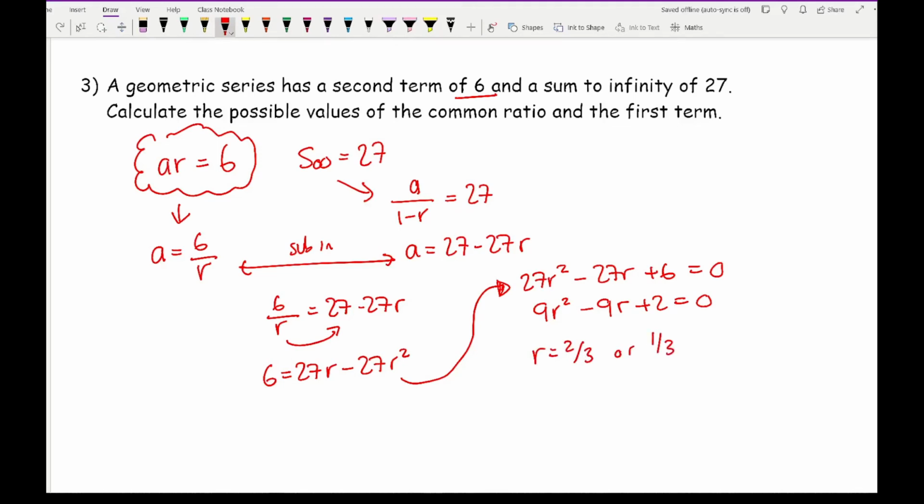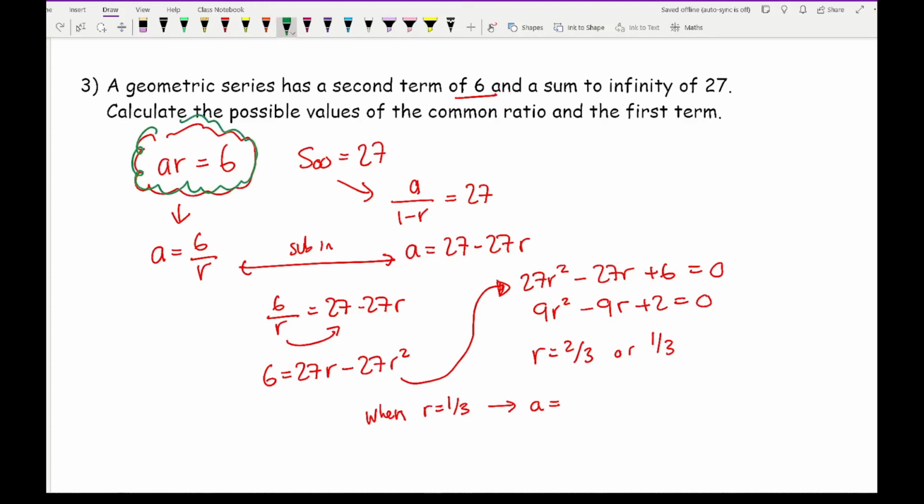Now from this it's asked us to work out the possible values of r and a. So we need to say, when r equals 1/3, a is going to equal, how I'm going to work that is I'm just going to substitute that into ar equals 6.